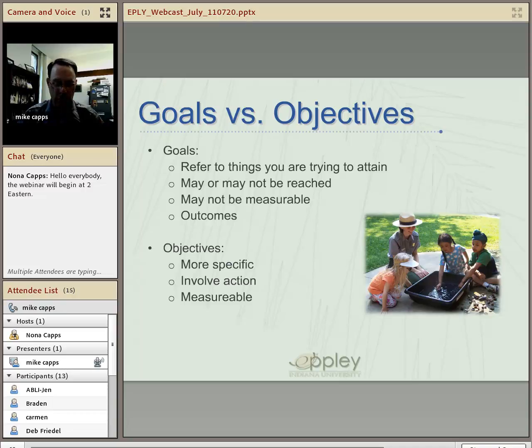Now, that's an example of what we call a goal. It's something that we're trying to attain. We want people to understand what this time and place meant to Abraham Lincoln and how that affected his life. It's a worthy goal, but we may or may not always reach that goal, and it's going to be pretty tough for us to measure if we've reached it or not.